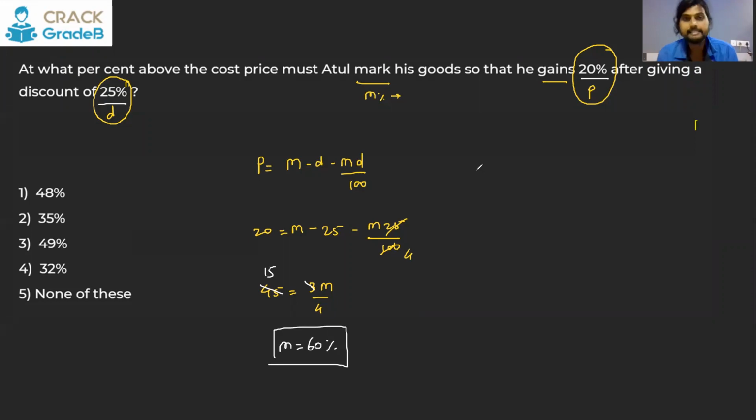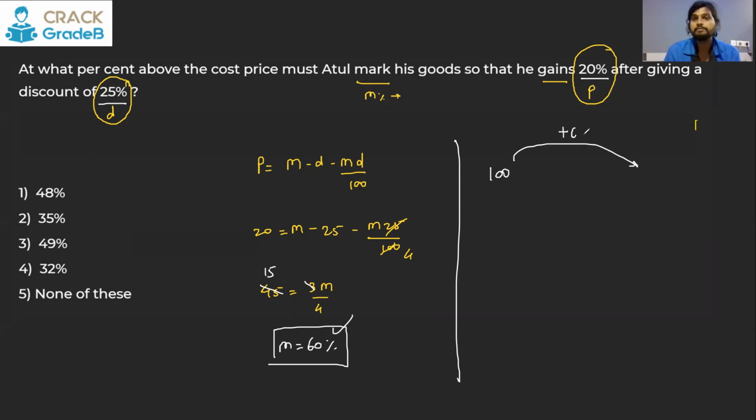If you analyze this, say the price is 100 rupees. He marks up with 60%, so the price becomes 160. And then he gives a discount of 25%. What is 25% of 160? 25% is 1/4, that is 40. So he gives a discount of 40, so he sells for 120.